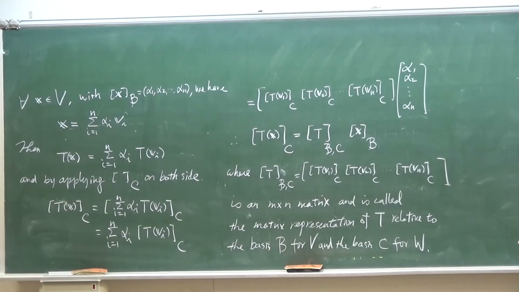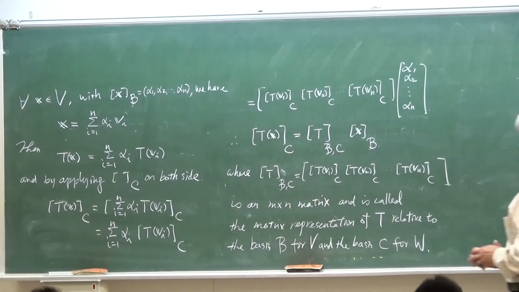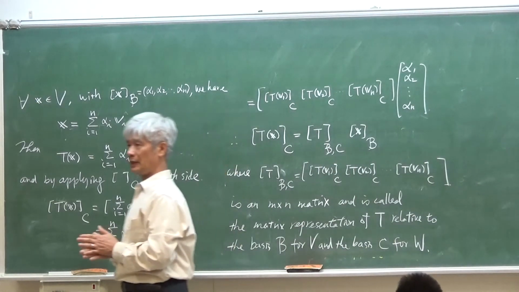Here it is more specific: the matrix representation depends on the coordinate system we choose for the domain and for the codomain. If you change the coordinate system, you will change the matrix representation. Okay, so that is the basic thing. Any questions?